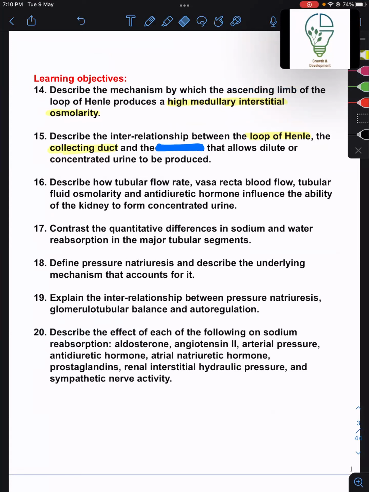Okay, and then the second one is: describe the interrelationship between the loop of Henle, the collecting duct, so the tubules, and the blank that allows dilute or concentrated urine to be produced. So pretty much what we're talking about is what reabsorbs the solutes from the tubule.